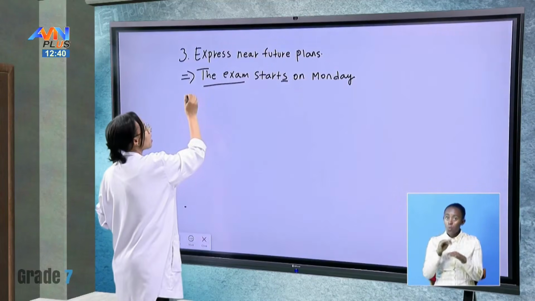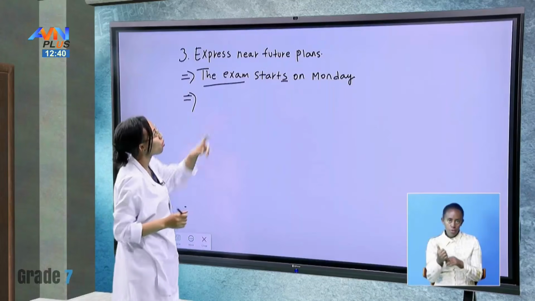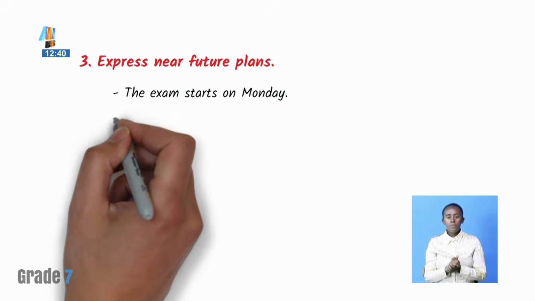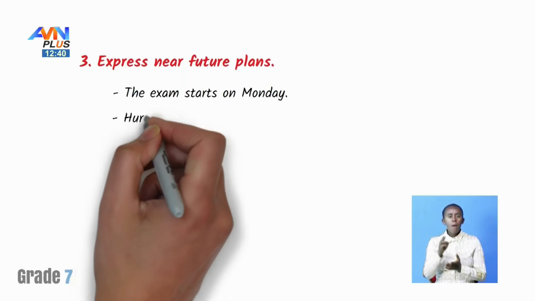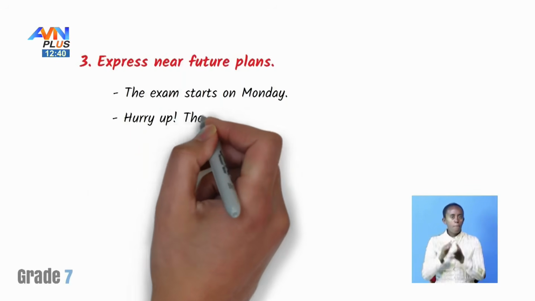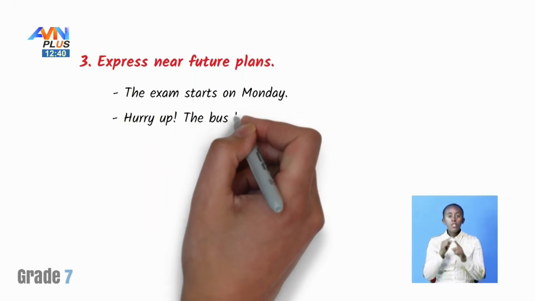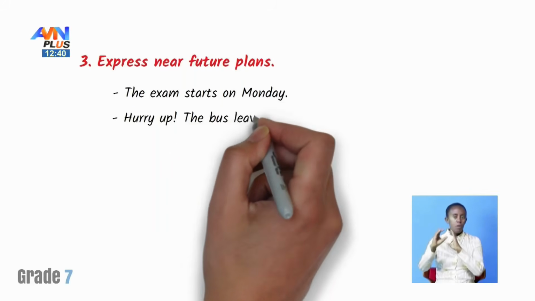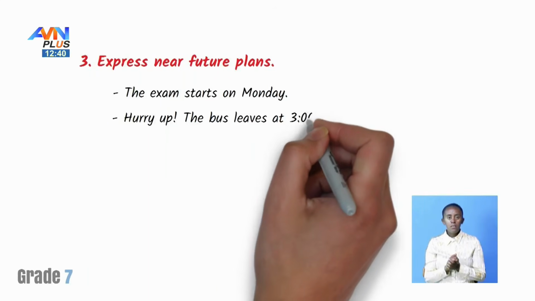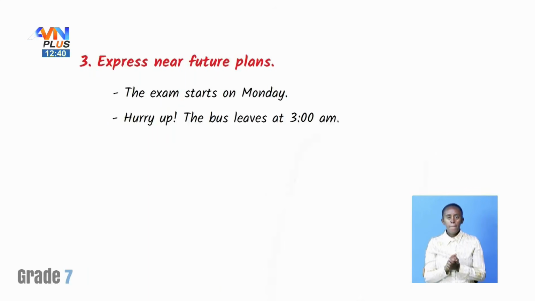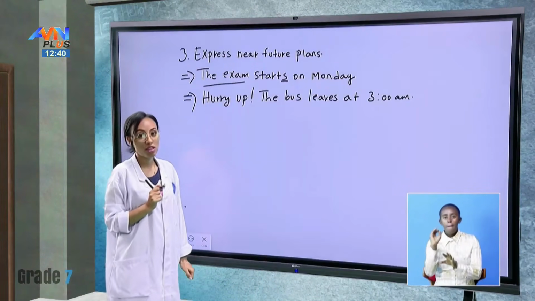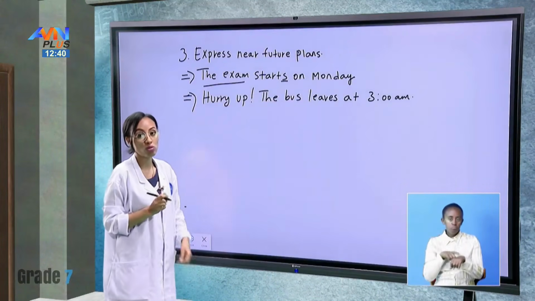Okay, what other examples can we give to show a near future plan? Hurry up! The bus leaves at 3 a.m. The bus leaves at 3 a.m. So this is also telling what?